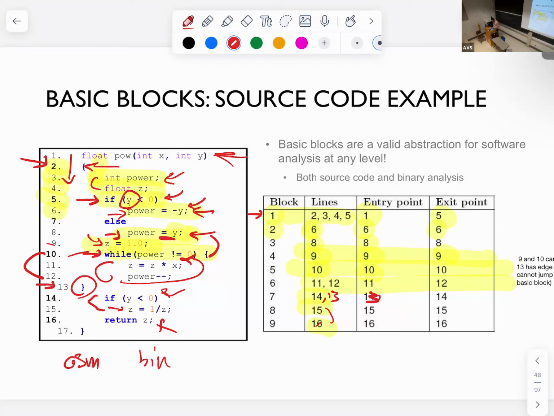And an interesting thing that you can see is that for code as simple as this, you would see that you actually have 9 different blocks in the system, right? So you can quickly see how the number of blocks just rapidly increases as we move to a more complex system. This is just a simple sequence of one if then else, another if, and one while loop, and that results in 9 different basic blocks.